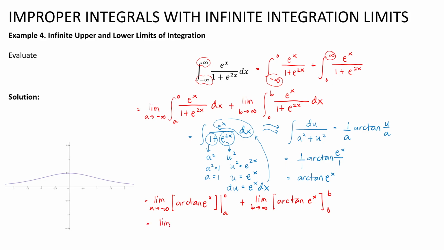So for the limit of a approaching negative infinity, this is arctangent e to the power of a, minus arctangent 1, since e raised to 0 is 1, and then plus arctangent 1 again.